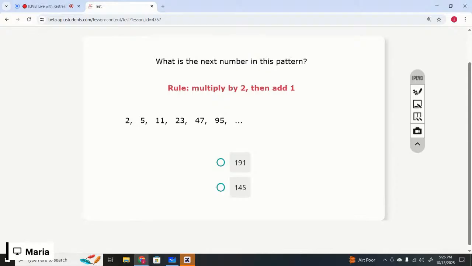What is the next number in the pattern? Multiply by 2 and then add 1. So the last number is 95.